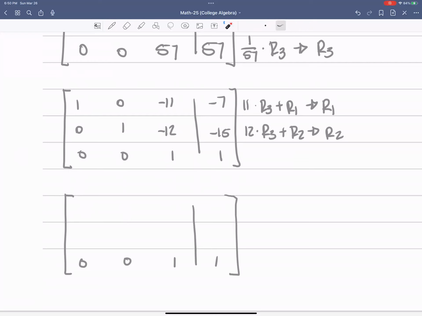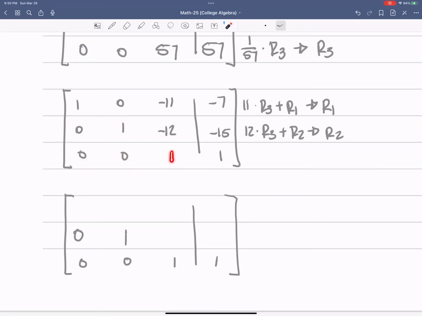All right, so now 12 times row 3. So 0 times 12 is 0. So 0 plus 0 gives us 0. Perfect. 0 times 12 is also 0. 0 plus 1 is 1.